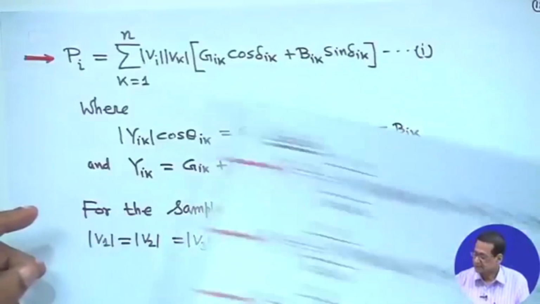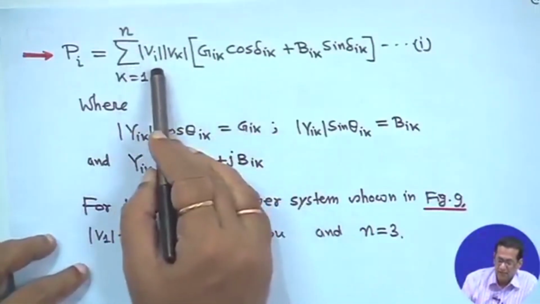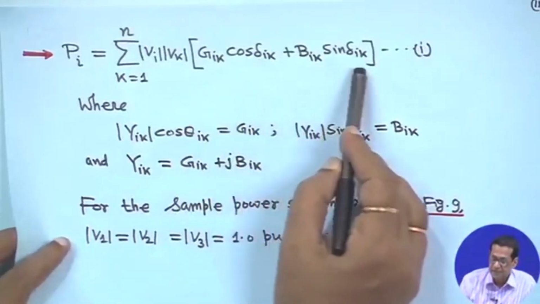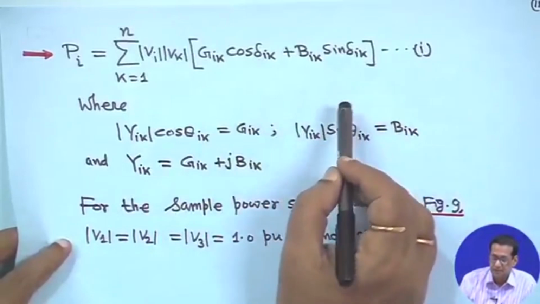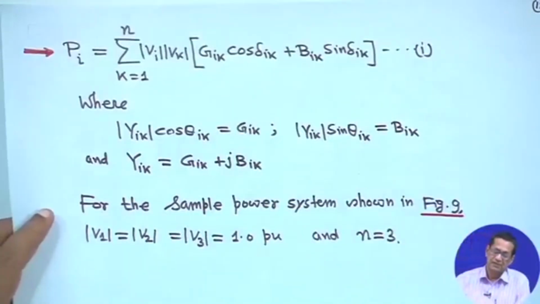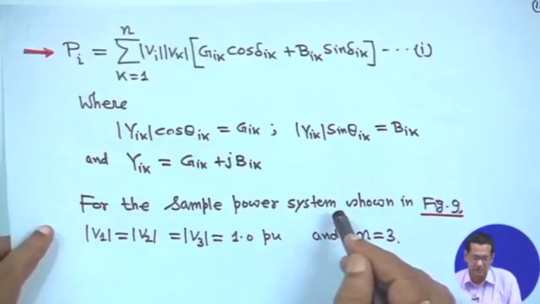That means, when you do so, it will be the sum over k equal to 1 to n of Vi Vk, Gik cosine delta ik plus Bik sin delta ik. That means Yik cosine theta ik is Gik, and Bik is equal to Yik sin theta ik, with Yik the magnitude.